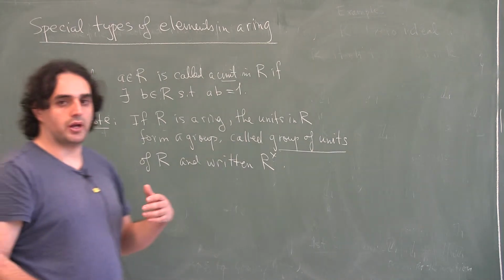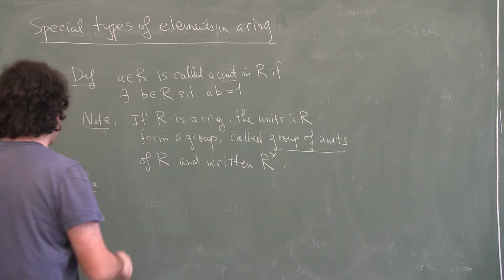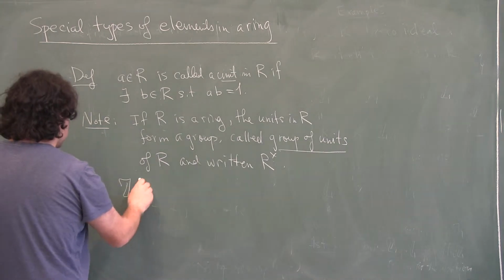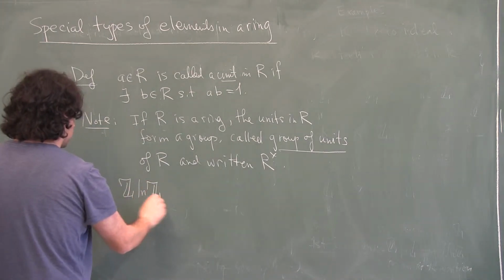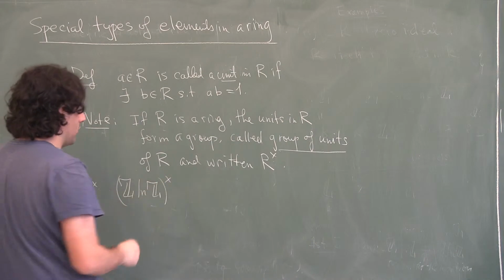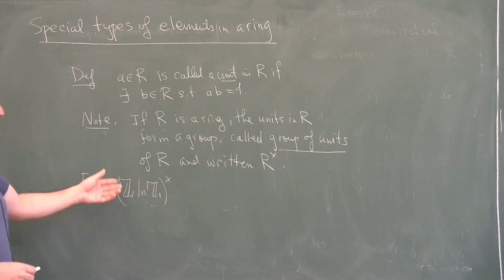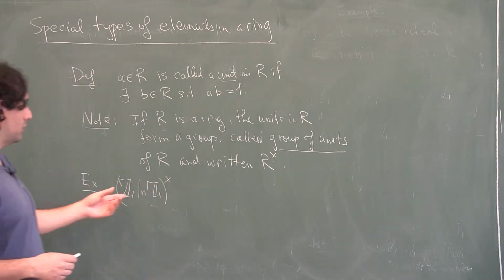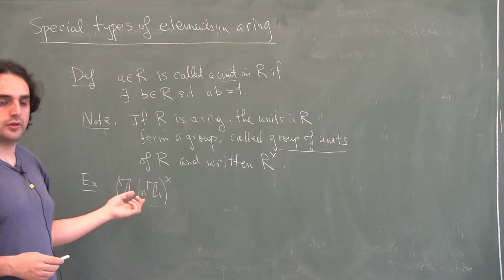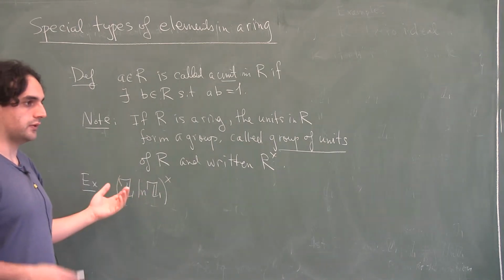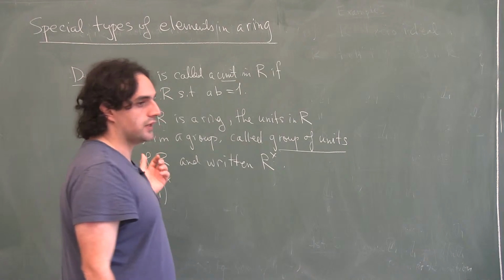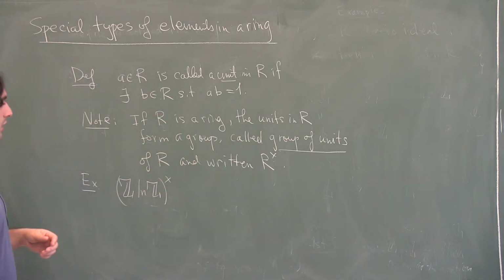Okay? And a nice example of this is, again, we go back to our ring Z mod NZ. And maybe some of you have seen the notation Z mod NZ cross, for those residue classes mod n represented by integers a that are relatively prime to n.